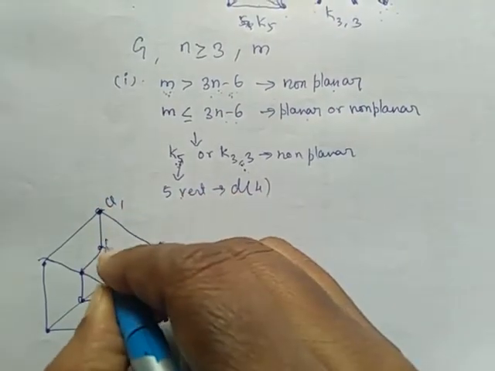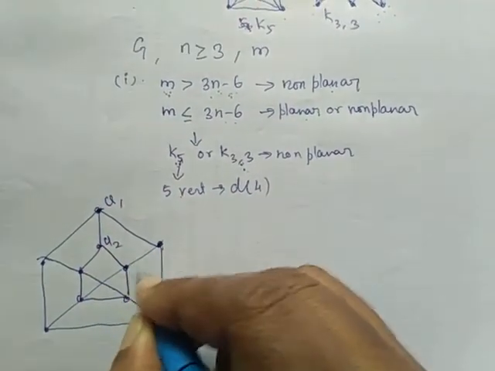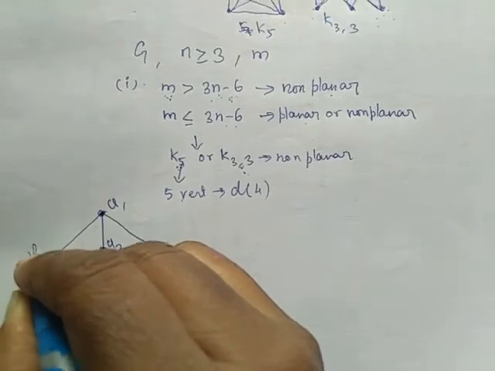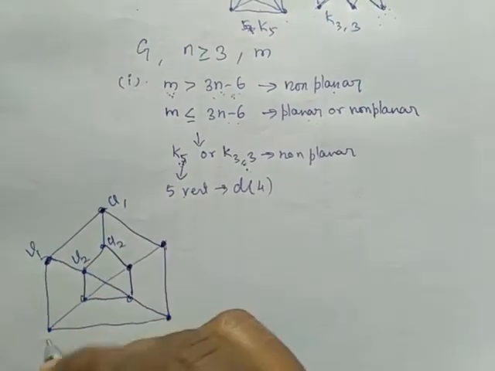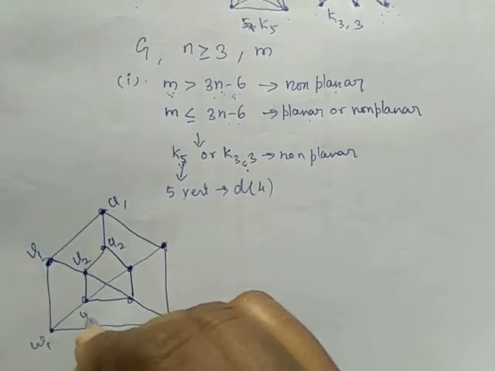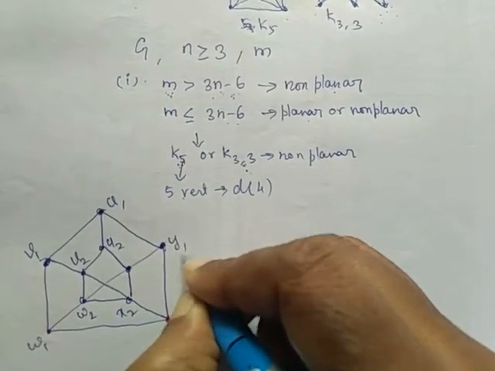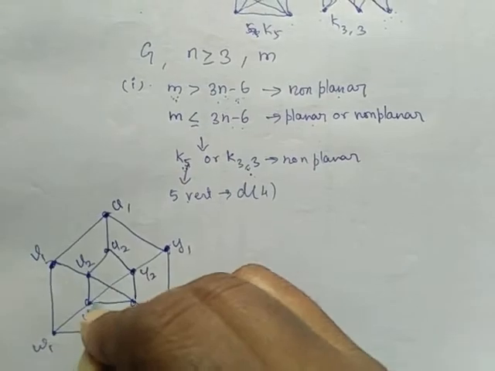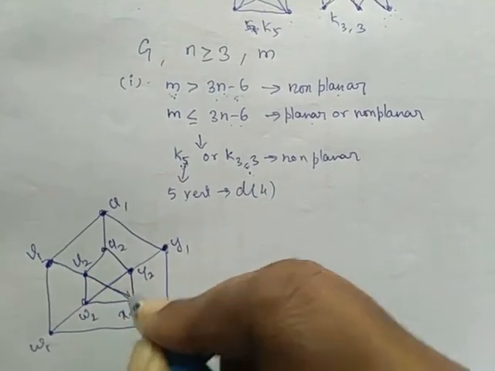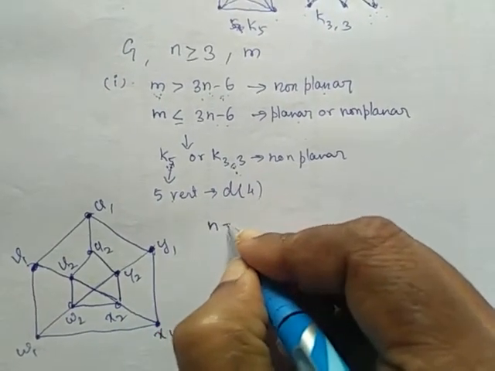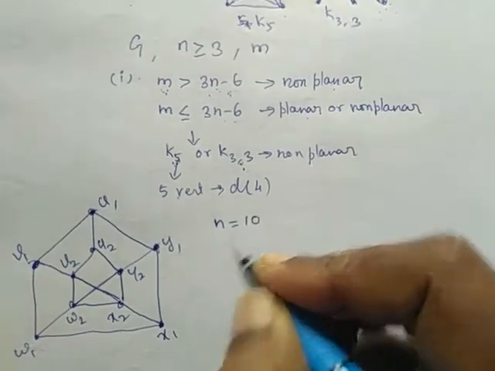I'll label them U1, U2, V1, V2, W1, W2, X1, X2, Y1, Y2. So it has 10 vertices.